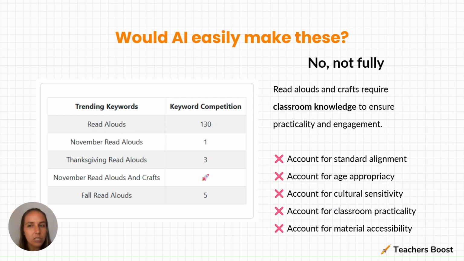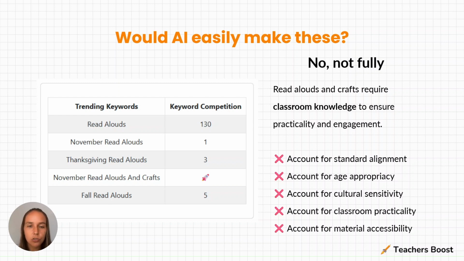I thought it was interesting that it pointed out that even though it can suggest story ideas and craft instructions, these resources actually rely heavily on classroom knowledge, which AI simply does not have. For example, it cannot accurately account for standard alignment or age appropriacy because this is knowledge that comes from experience in a classroom.